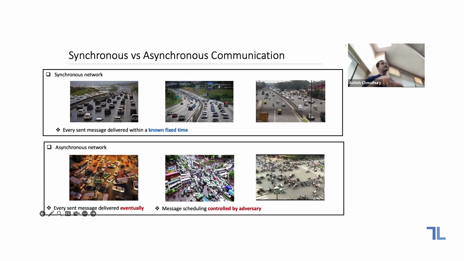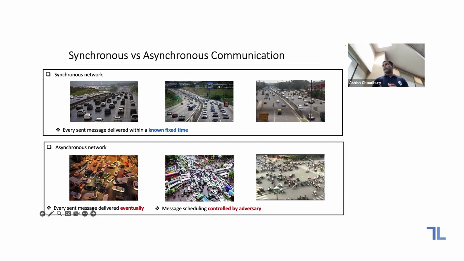And as a result, in any asynchronous protocol, we cannot wait for messages from all the parties to compute our next set of messages. And in the process, I might be ignoring communication from a subset of potentially slow but honest parties. And that makes the design of asynchronous protocols very challenging.